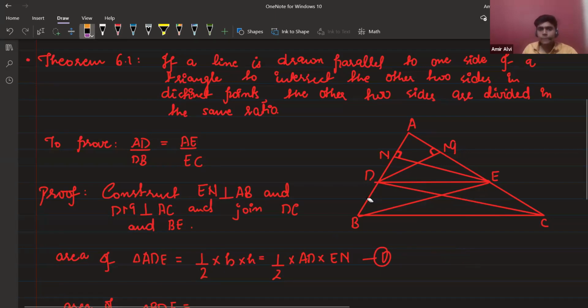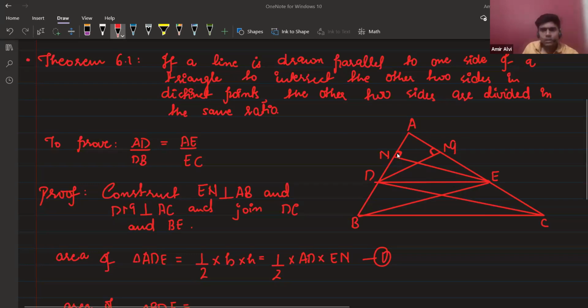Okay. So if the triangle is BDE, can you tell me which is the perpendicular of BDE? DE. I'm asking the perpendicular. Perpendicular is not DE, dear. Perpendicular is EN, because this is an obtuse triangle, so the perpendicular will be outside the triangle.